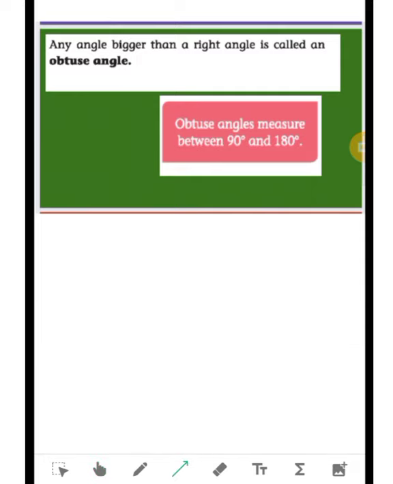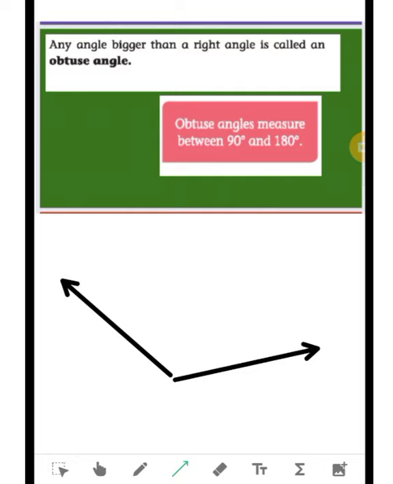How will the obtuse angle look? See here. This is called an obtuse angle. See, it looks more than 90 degree, right?